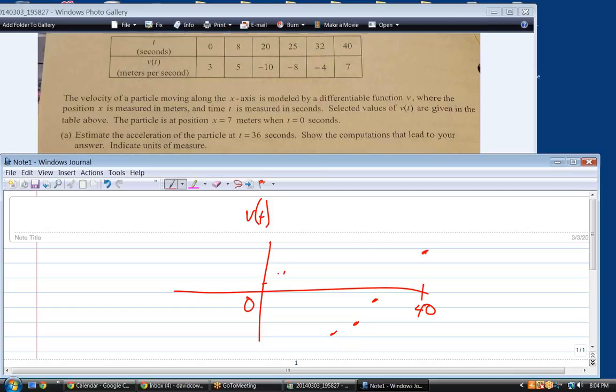So if we were to make it a continuous curve, it looks something like that.